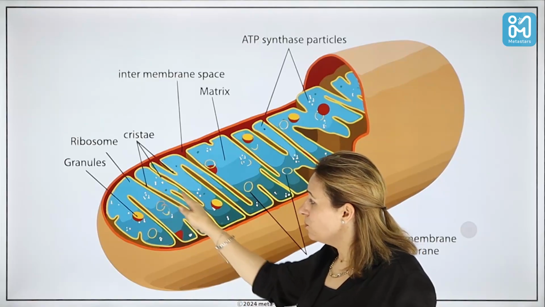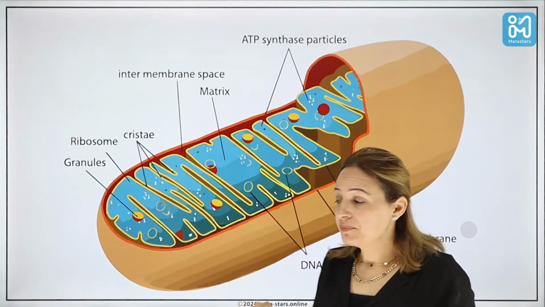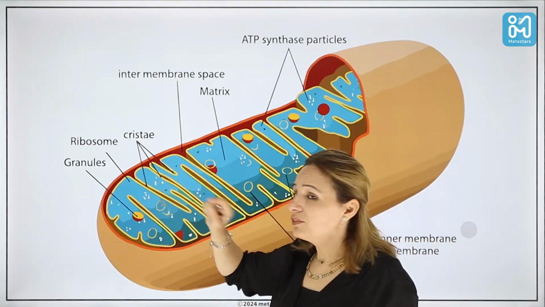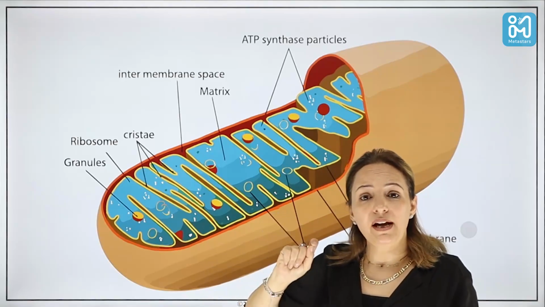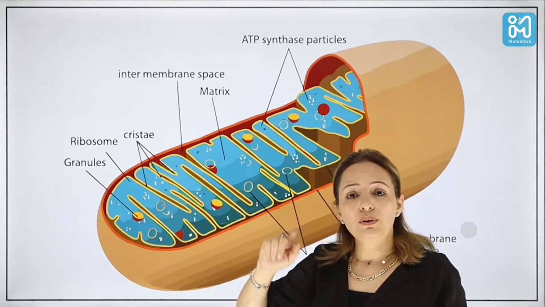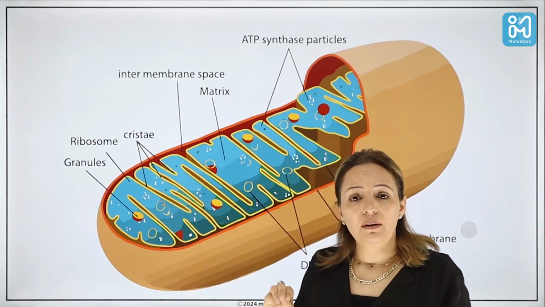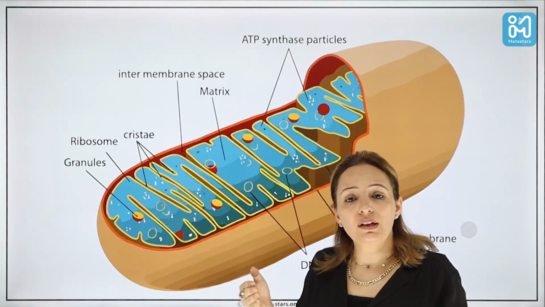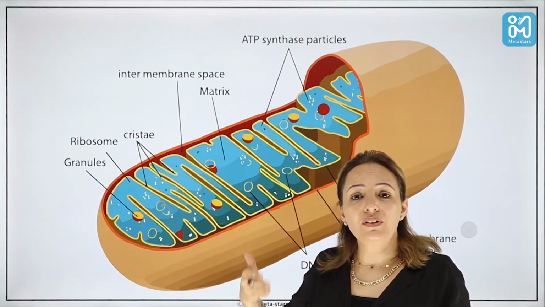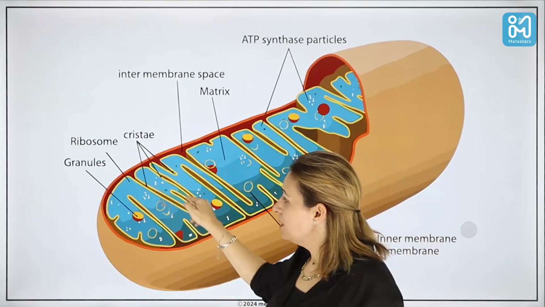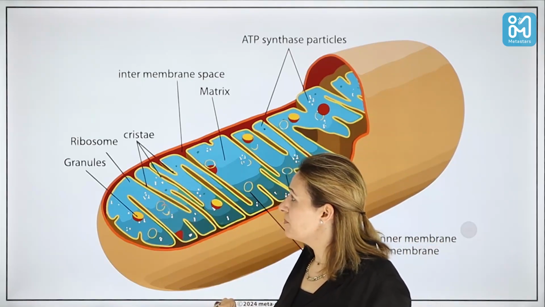Now this folded membrane is called the crista. And on the crista, we have a lot of chemical reactions that are taking place, by which the energy is produced at most on the crista by the electron transport chain and the series of events that are taking place through the membranes of the crista.